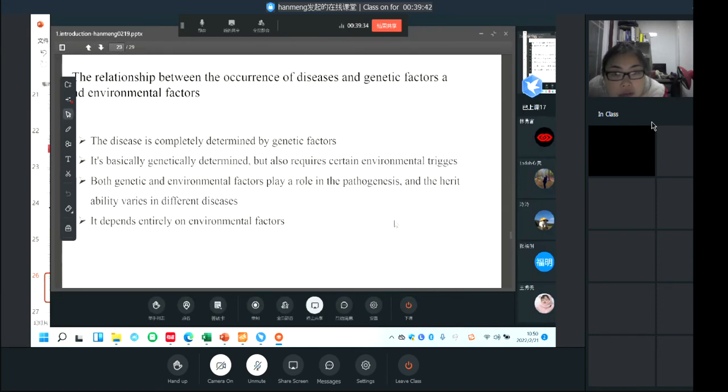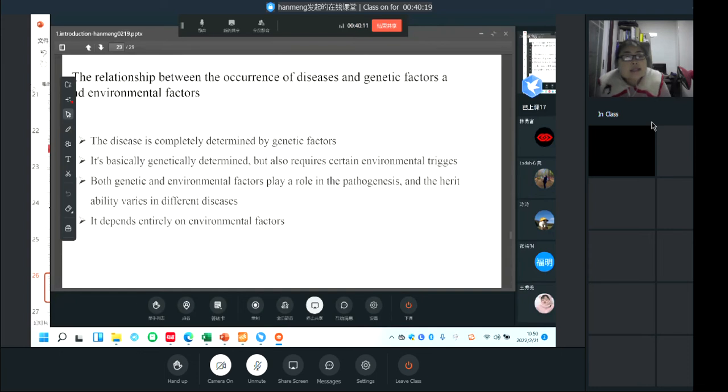As we talked about in our class before, we know that the disease has many relationships with the environment. So the relationship between the occurrence of disease and the genetic factors or the environmental factors. Maybe the disease is completely determined by the genetic factors, or it depends entirely on the environmental factors.